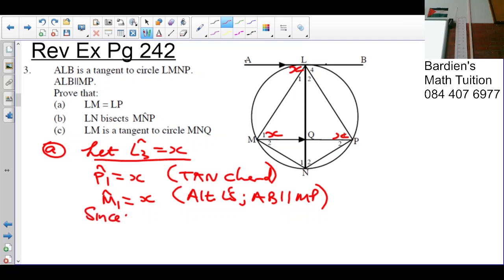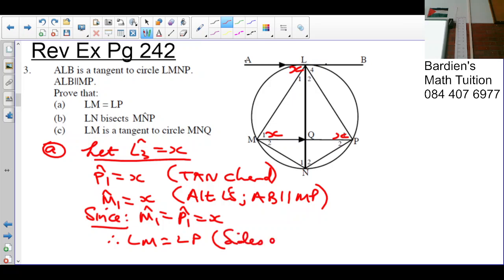We say since M1 is indeed equal to P1, which is equal to x, therefore LM is equal to LP. Why? We have sides opposite equal angles. So now I can fill it in on the diagram that those lengths are indeed equal.